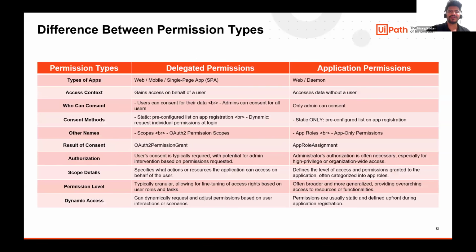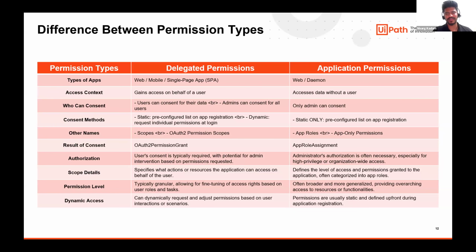So these two, delegate and application permissions, are very important. On a high level, the difference between them is very simple. For types of apps, let's say web, mobile, or single page applications, in those cases we use delegate permissions. I just gave you the example of email. And if you have an application which requires access to SharePoint sites and storage blobs, in that case we use application permissions.